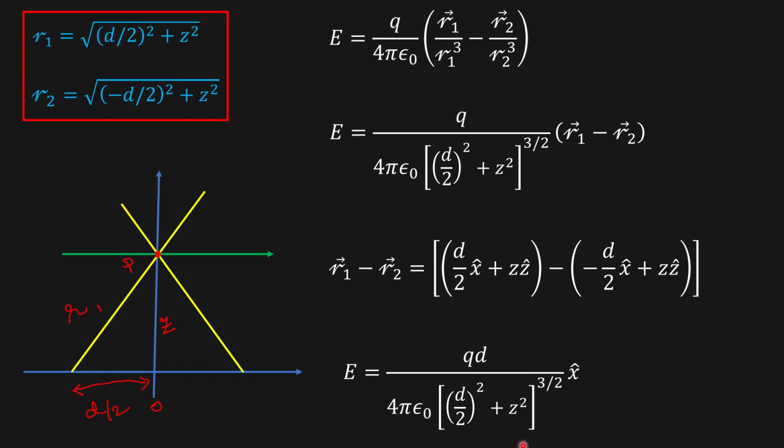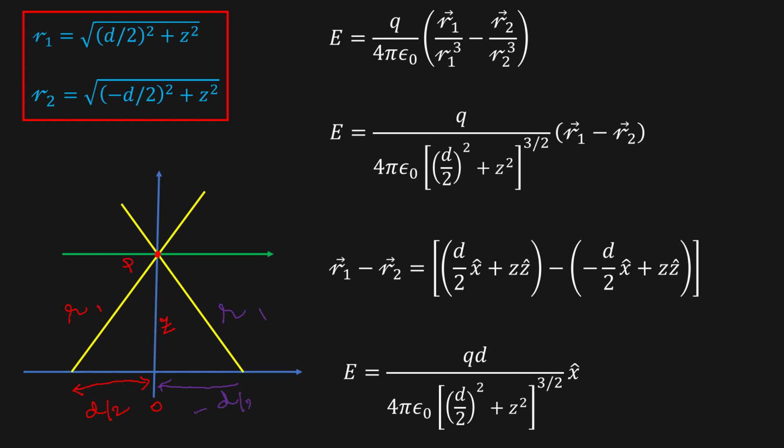Script R2, in the negative x direction, is from the origin minus t by 2.